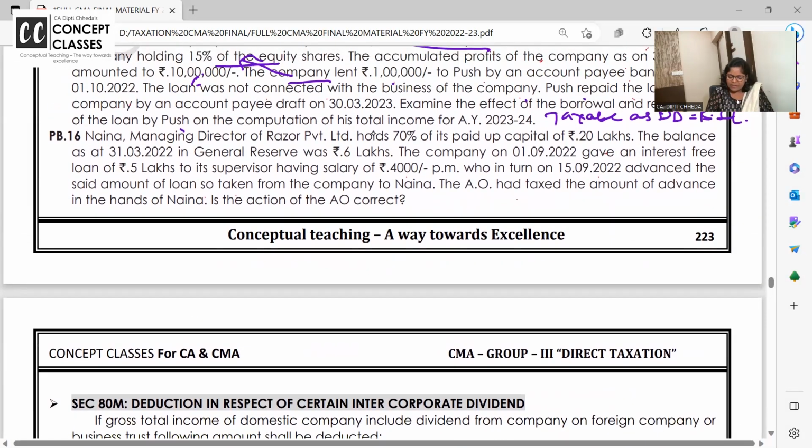Naina, managing director, holds 70% shares and the balance as on March 22 reserves are 6 lakh. The company gave. Are you all paying attention? This you have to answer yourself. So pay full attention. The company on 1st September 2022 gave an interest-free loan of 5 lakh to a supervisor having a salary of 4,000 per month.